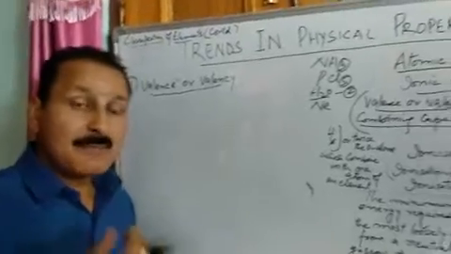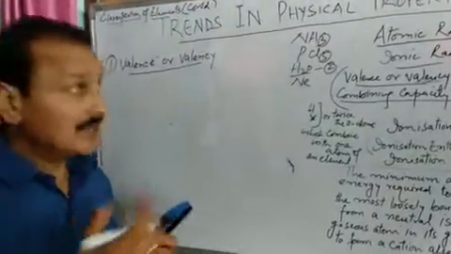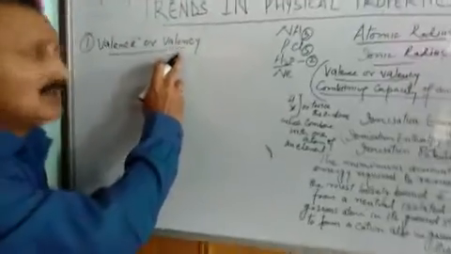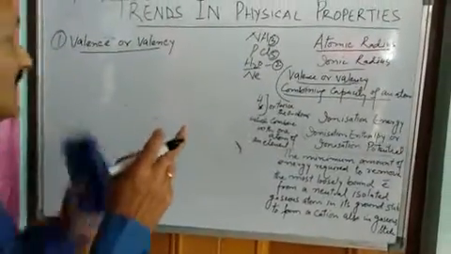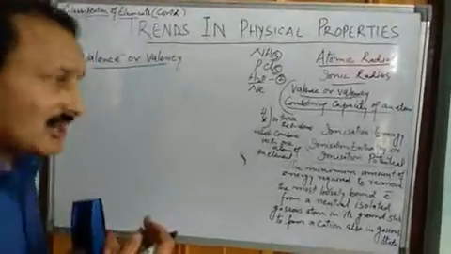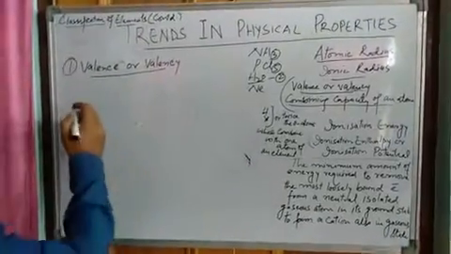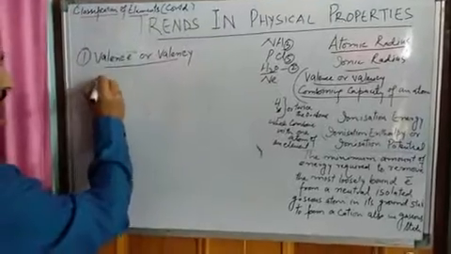Valency means the combining capacity of an element. Combining capacity of an element is known as its valency or valence. But in real terms, we can define valency as the number of hydrogen atoms.